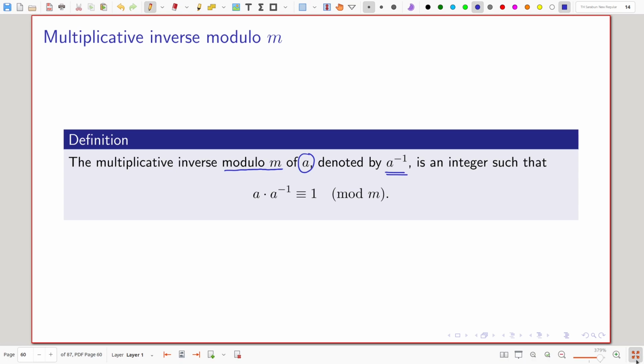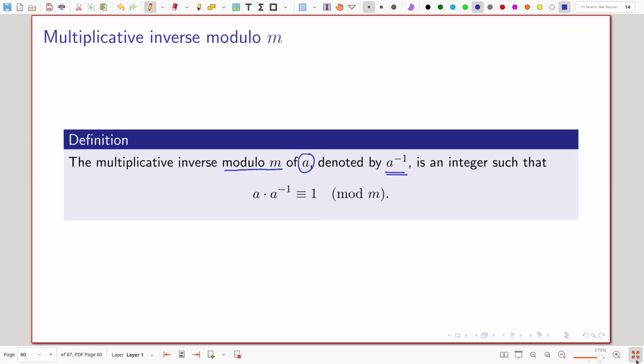Last time we talked about modular arithmetic, and we showed that you can do addition, multiplication, and subtraction in modular arithmetic in the typical ways, but you cannot just divide, right? We cannot divide.